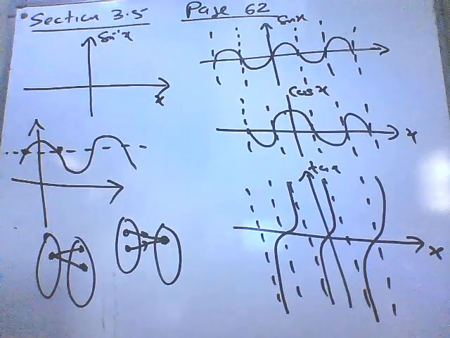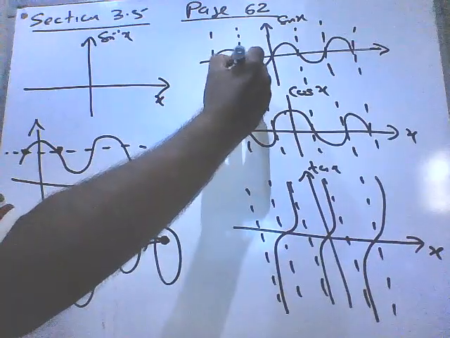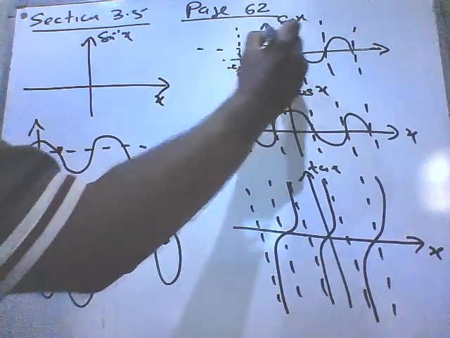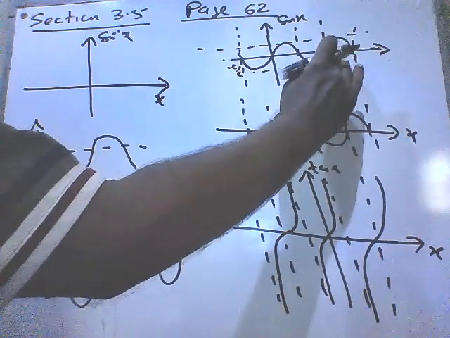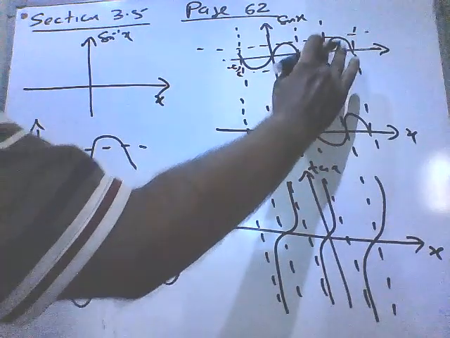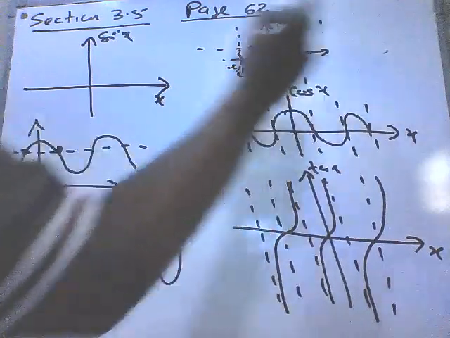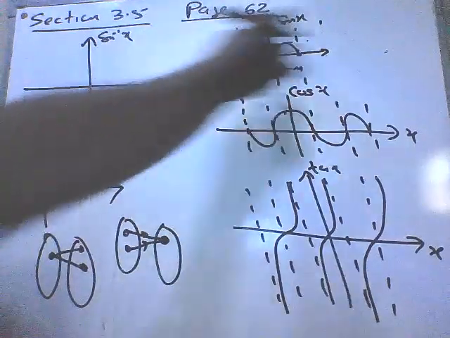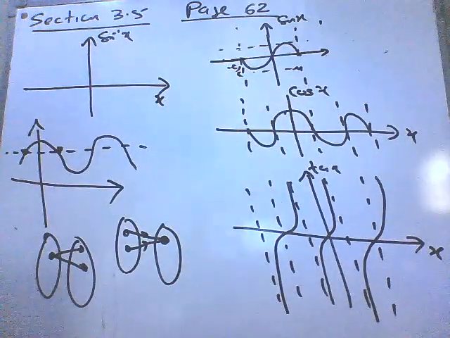So to have a function, what we can do is take the range from minus pi over 2 to pi over 2. Here we know the values are plus 1 and minus 1. If we take this part and erase the others, then whatever horizontal line you draw will cut in only one place.